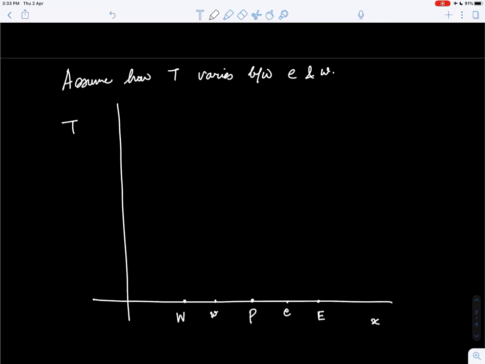At point W the temperature has some value, at point P some value, and at E some other value. Even though this is not known beforehand, we could have some understanding of how the temperature will vary from physical guidance, or from the last iteration.